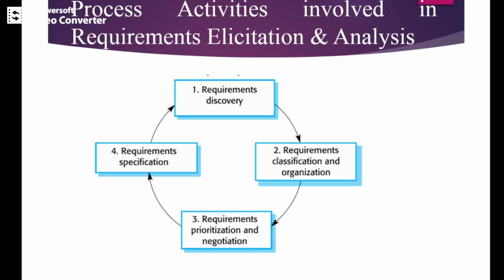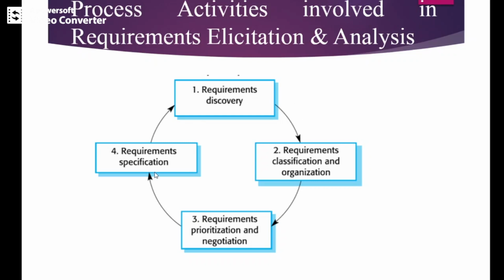You are giving priority to the requirements which you have classified and organized, and finding and resolving requirements conflicts through negotiation. Negotiation is there, some compromise you have to come to. So you are finding and resolving requirements conflicts through negotiation.